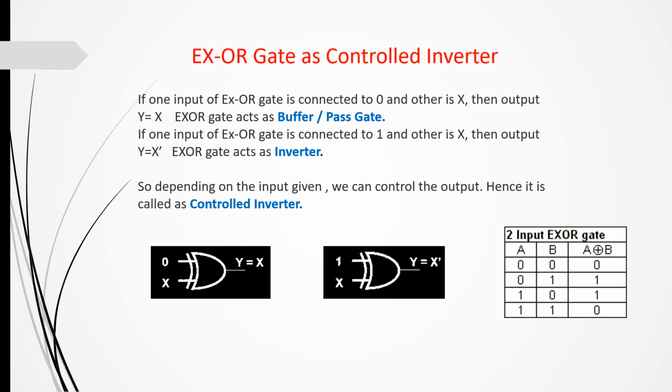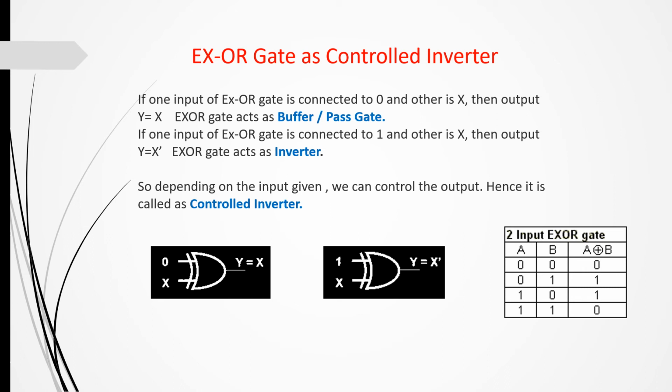Now we will see how XOR gate is used as controlled inverter. If one input of XOR gate is connected to 0 and other is input X, then output Y is equal to X. Here XOR gate acts as buffer or pass gate.